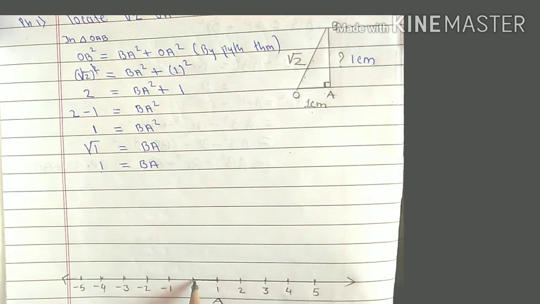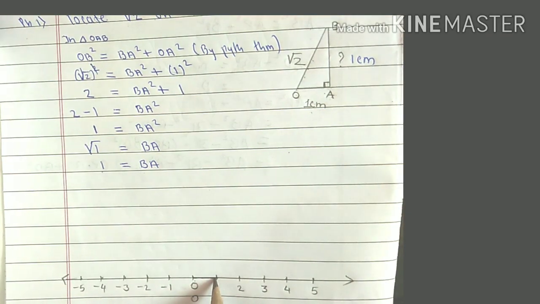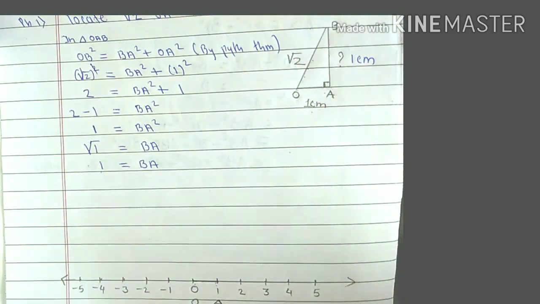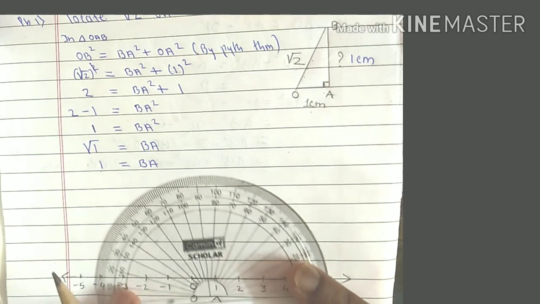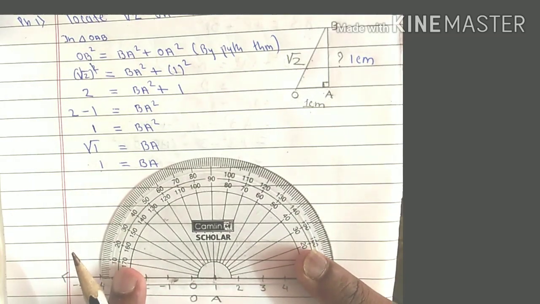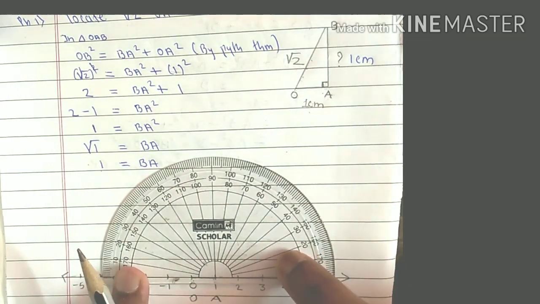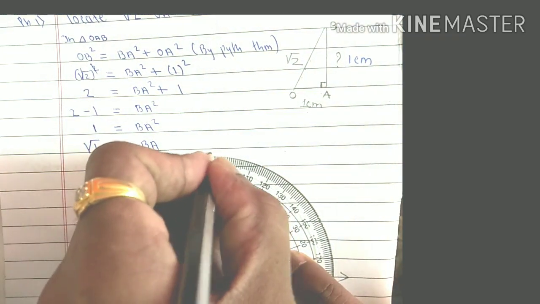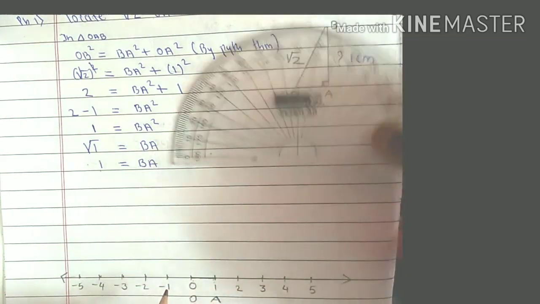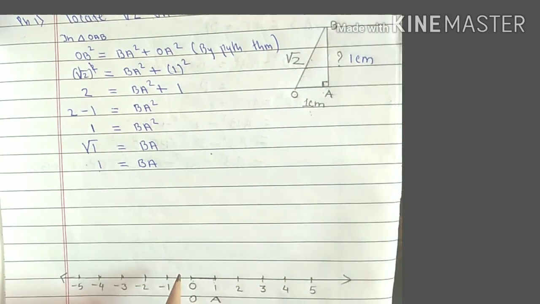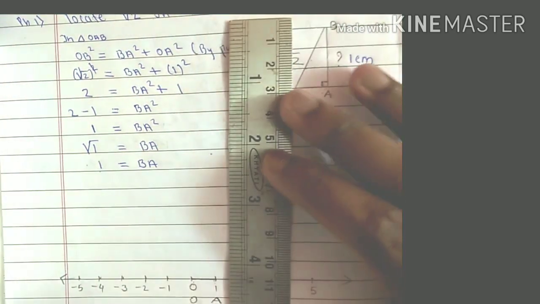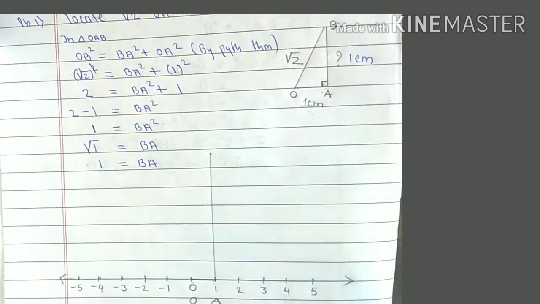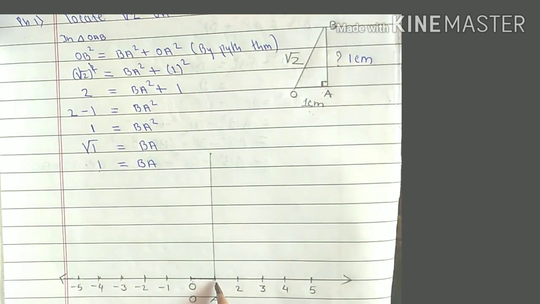Marking this point A, I need AB at 90 degrees. So take help of your protractor and place it on 1, that is A now, and mark 90 degrees and draw a straight line. I got this 90 degree angle over here now.